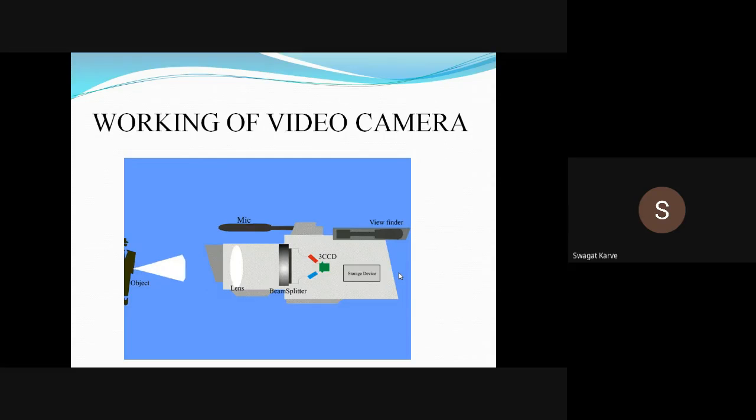Okay, now working of video camera. So you are able to see this presentation and you will see, first the reflected light is captured by the lens, then it reaches the beam splitter, then after the beam splitter it reaches the dichroic filter and it is divided into RGB. Now your CCD has captured the image. Again you can see this presentation.